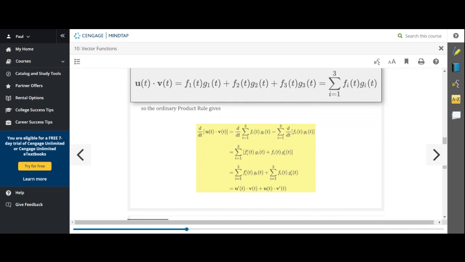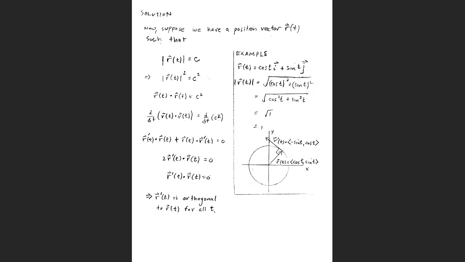So the point is that in what we just looked at, we now have justification for going from this step on the left to this step.